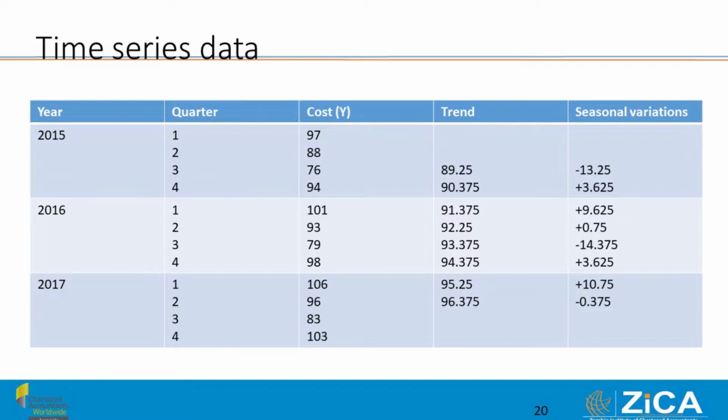Now, you would see that the quarters have got different values. The first quarter in the first year, that is 2015, the value in the second year, that is 2016, in 2017, the first quarter, second quarters have got different values. But we want a single value for the first quarter, a single value for the third quarter, a single value for the fourth quarter.